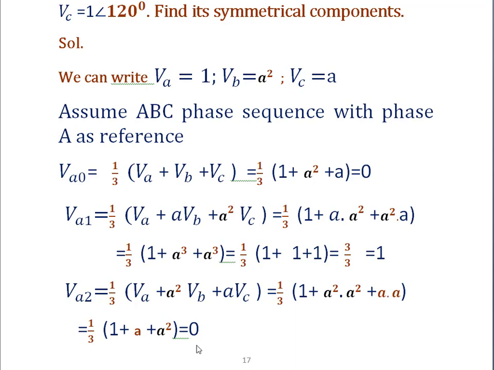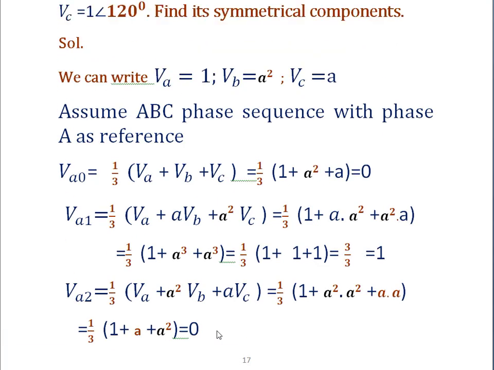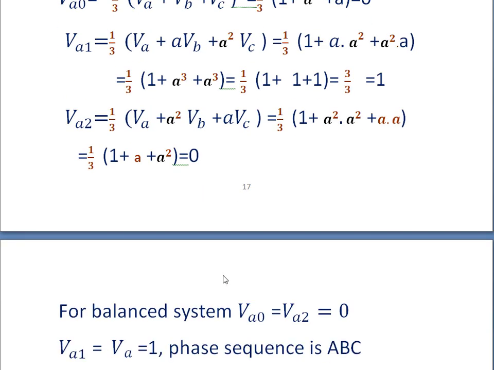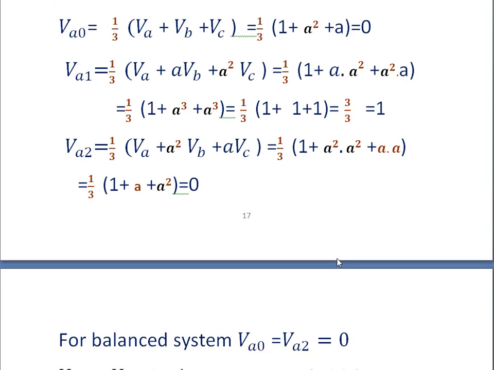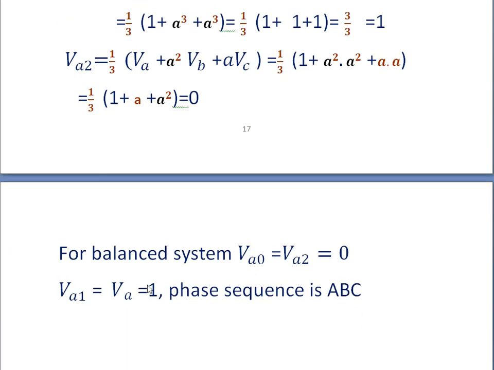From this we can conclude that for a balanced three-phase system, the zero phase sequence voltage and negative phase sequence voltage are both 0, whereas the positive phase sequence voltage will exist and its value will be equal to the phase voltage of the original system, that is VA1 is equal to VA is equal to 1.